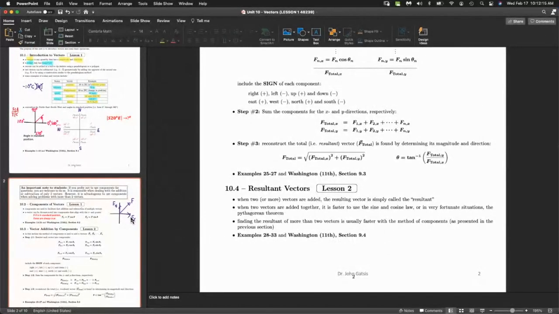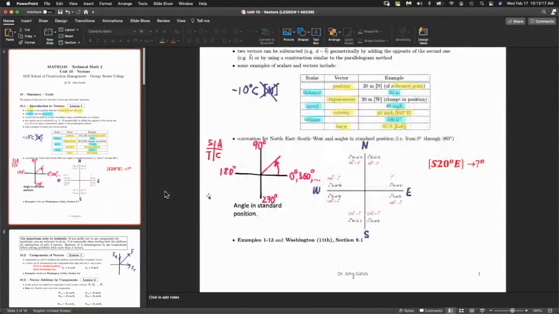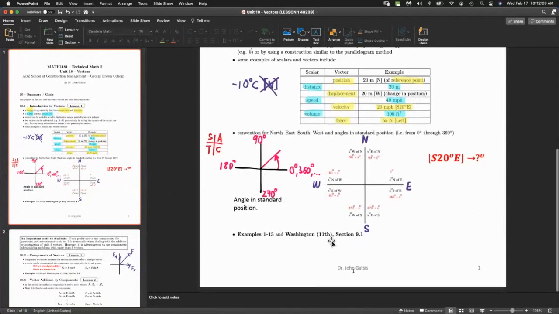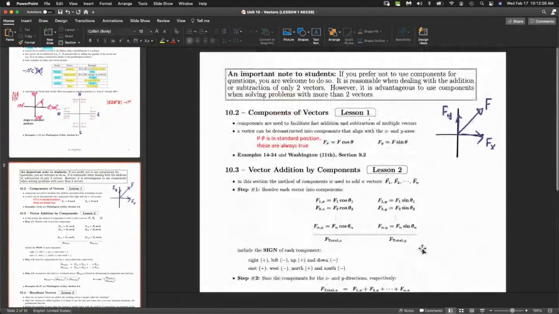So in terms of this material, you're going to be going to chapter 9 in the textbook. See, it says section 9.1. And then for the second part of today's lesson, you're going to go to section 9.2. There are many examples there, and you have a list of recommended questions available on Blackboard.